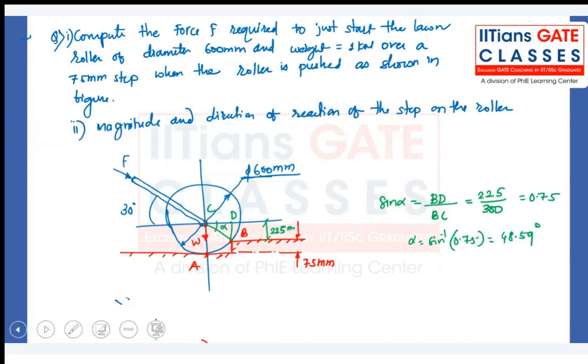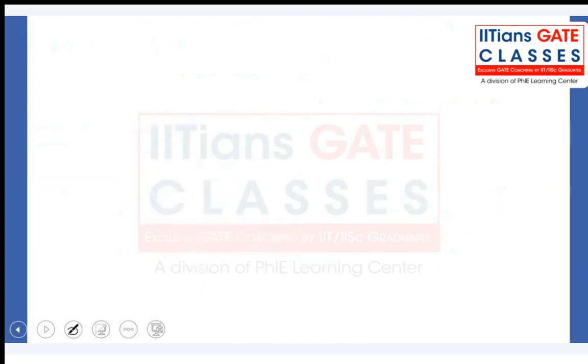Now if I draw the free body diagram of that point, look at how it will look. We'll start at point C first, and then we'll come to point B if required.